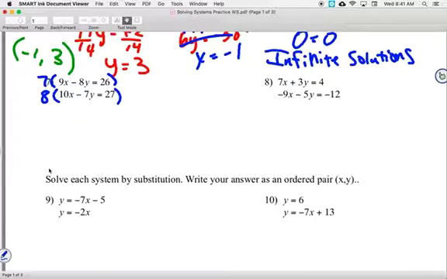When I multiply the 7 through, I'm going to get 63x, which is a big number, minus 56y equals, and I don't know this, 26 times 7. Help me out, calculator, quickly please. 182.